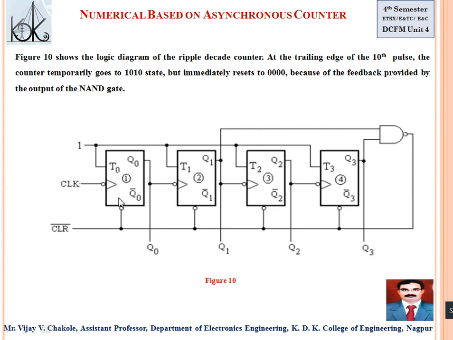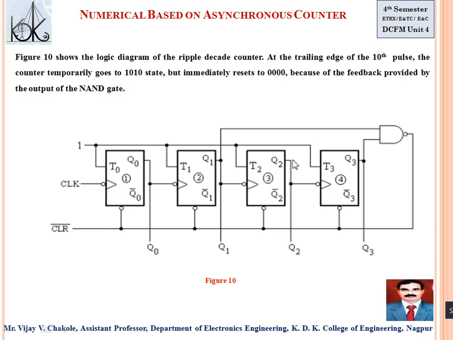When the 10th negative clock pulse comes, what happened? Due to T equal to 1, T0 toggles from 1 to 0. This is a negative edge, which is the requirement, so the next flip-flop changes from 0 to 1. That is a positive edge, requirement is negative edge, so no change.